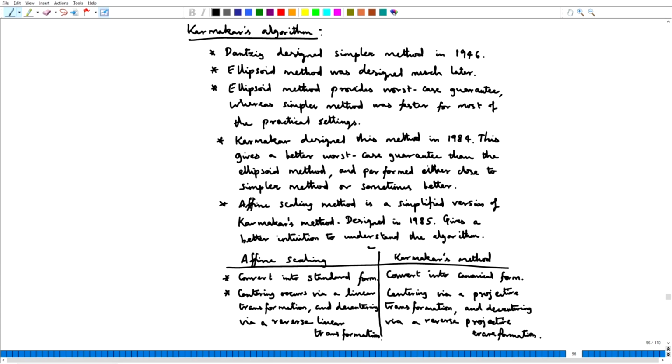Instead of the standard form you convert it into a canonical form, and instead of a linear transformation and reverse linear transformation you use a projective transformation and a reverse projective transformation. Based on this there are other issues that you have to handle. The other differences come because of these two differences. Let us get started with the method now, given that I have given an overview of Karmarkar's method.